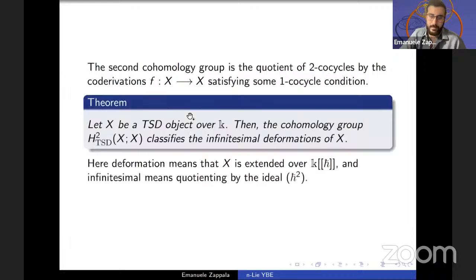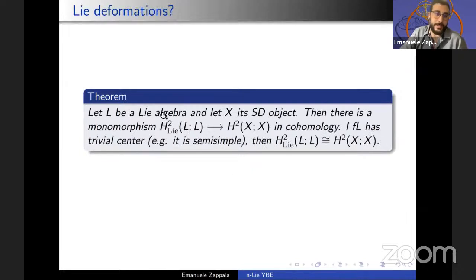And the second cohomology group is the usual business, and it turns out you can prove that this does basically the job that you would like it to do. It classifies the infinitesimal deformations of the self-distributive object. Infinitesimal here means that I'm extending the ground field or ground ring into formal power series, and then I'm quotienting by h bar squared.